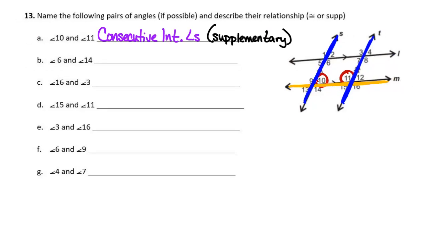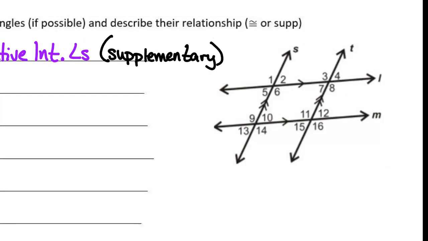All right, part B. 6 and 14. Here's angle 6. Here's angle 14. What's the transversal that's connecting those two? S. Same side or opposite sides of that transversal? Same side. They're both on the right.